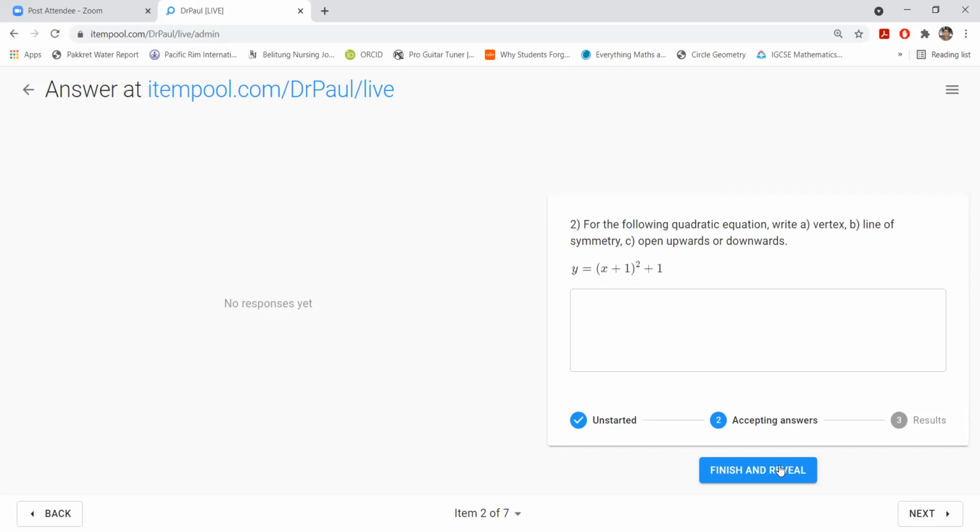You can write your general form first, y equals a x minus h squared plus k. Okay, one answer.